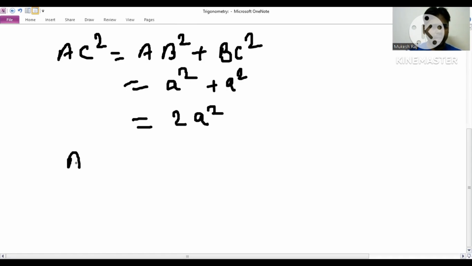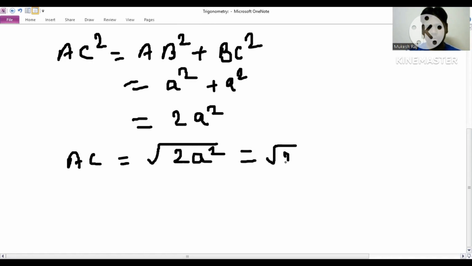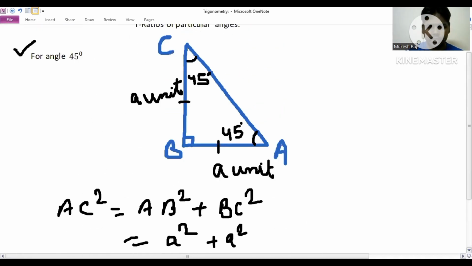Now, AC is under root twice A square, which will give you a value of under root 2 A. I will note down the value as under root 2 A units.